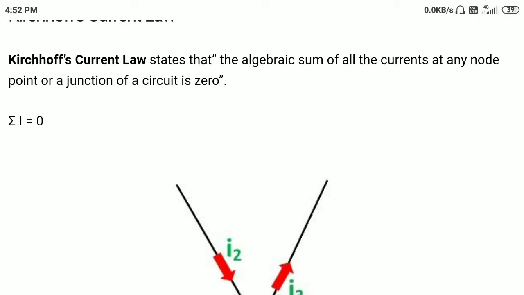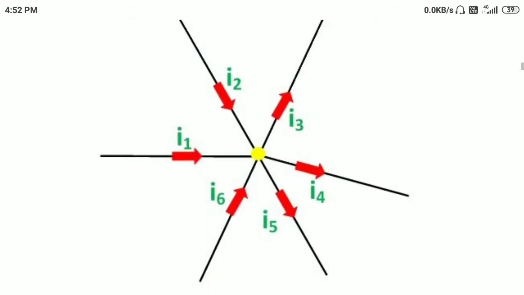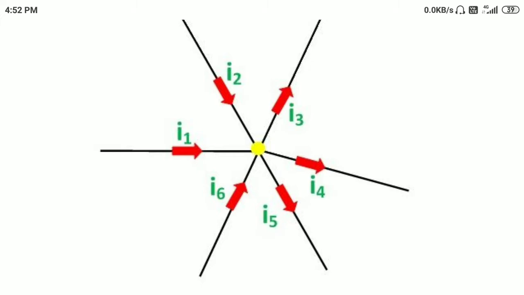That is nothing but summation of I or sigma I equal to 0. Take a node here, observe this one.